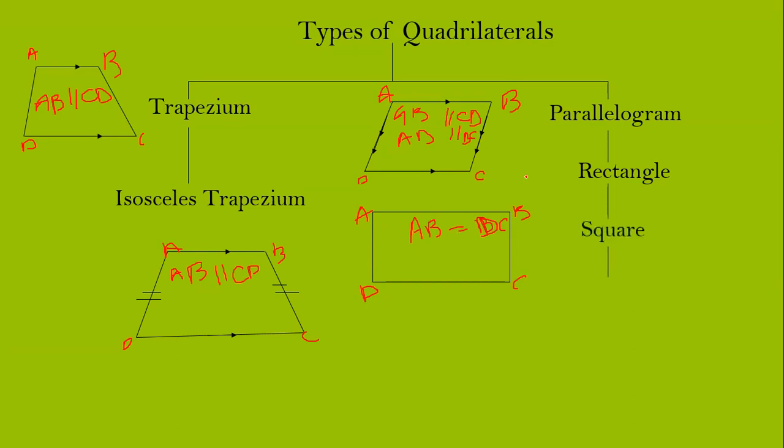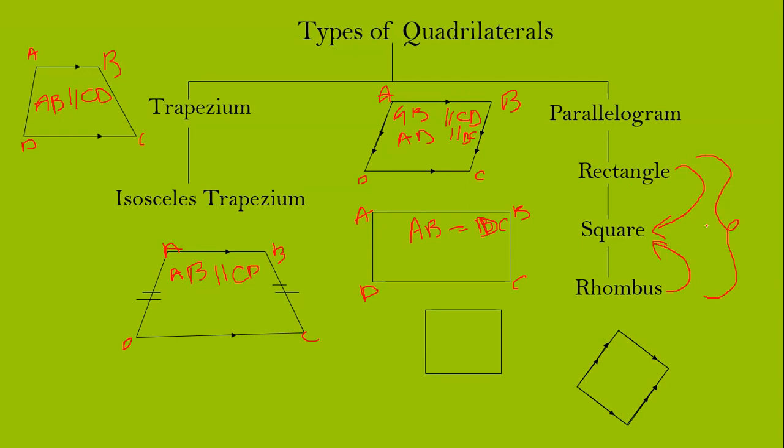What about the others? Square is there, where all the sides are equal. And rhombus, where all the 4 sides are equal and parallel. Certain properties of a rectangle match with a square, and certain properties of a rhombus match with a square. All three actually match with the properties of a parallelogram.